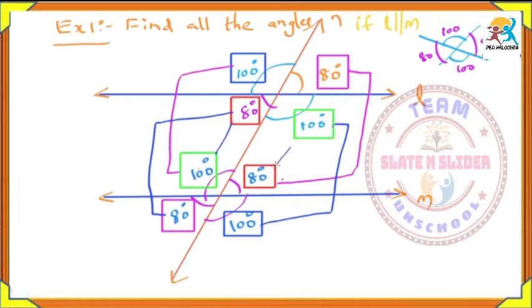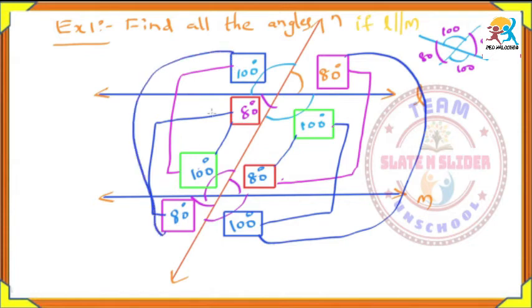And these two also on the same side of the transversal, their sum is 180. And this 80 and this 100, these two sum is 180. And this 100 and this 80, their sum is also 180. So we have checked all the conditions. So like this we have to find all the angles.